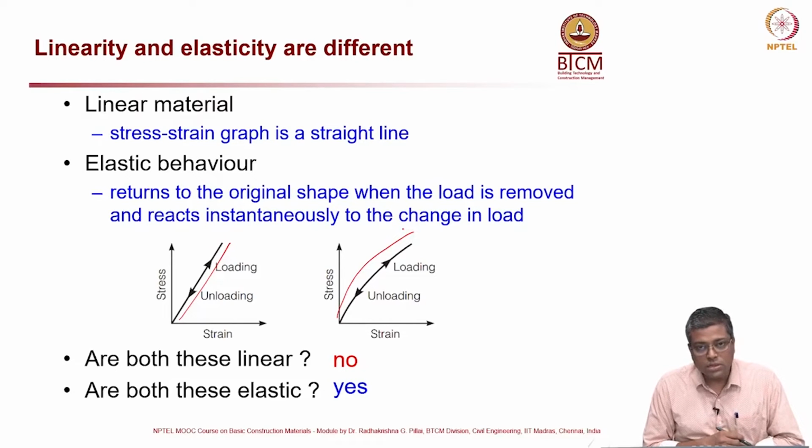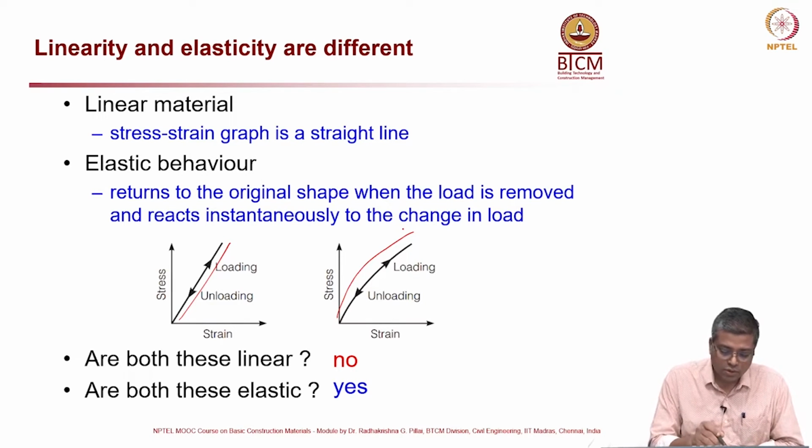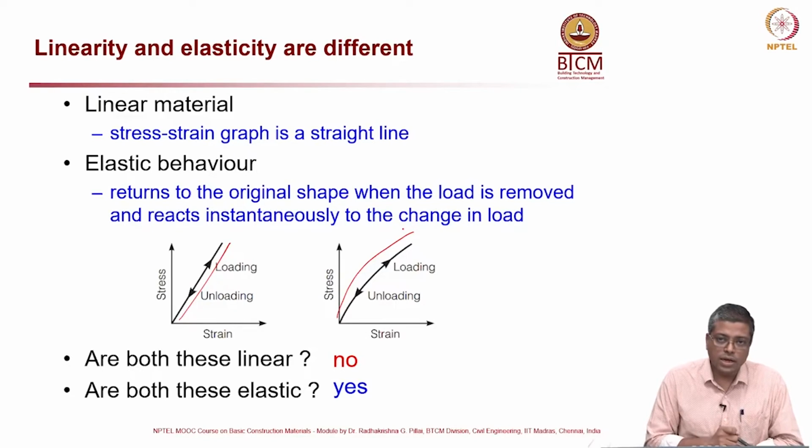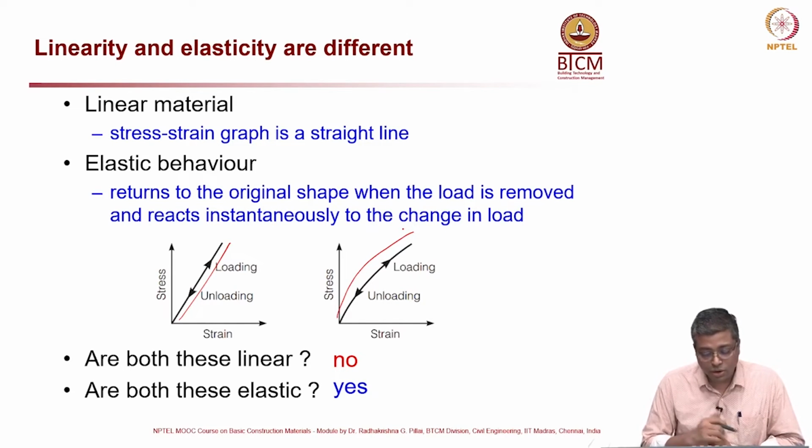So, the question is, are both these linear? Answer is no. The first one is linear, the second one is non-linear. And are both these elastic? Okay. Both are elastic. So, do not say elasticity is only dependent on linear graphs; a non-linear graph can also be elastic.